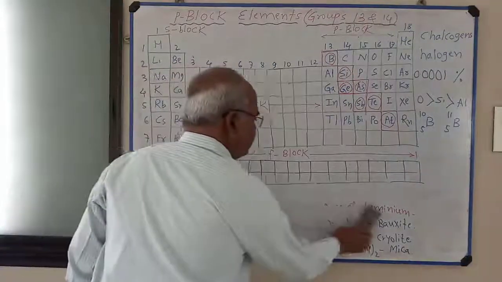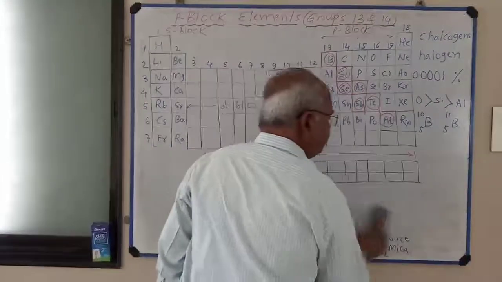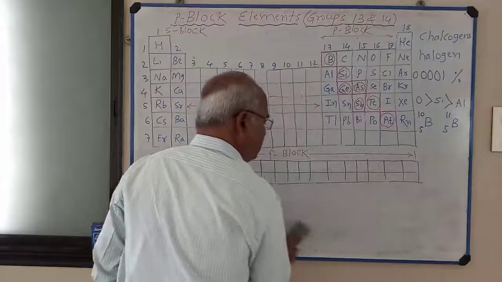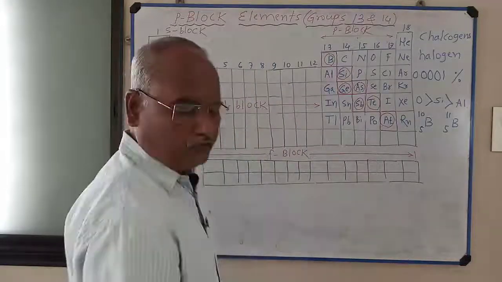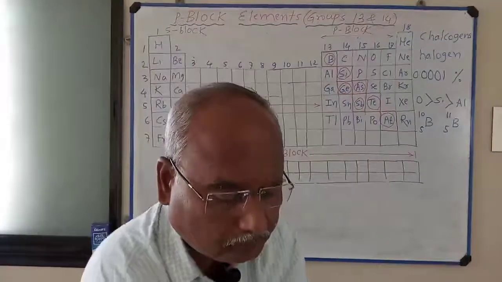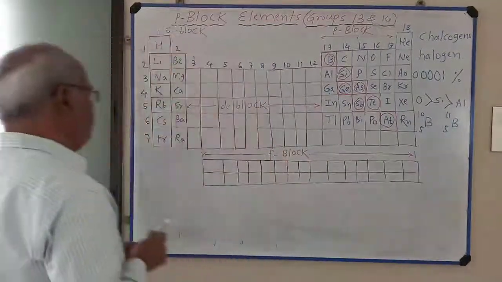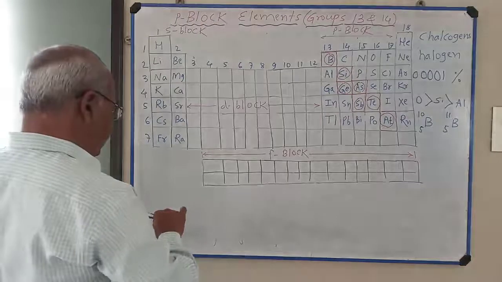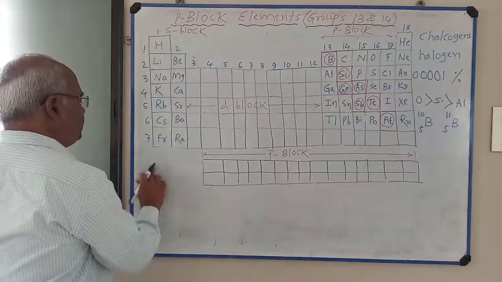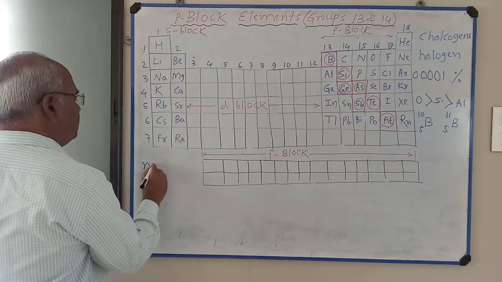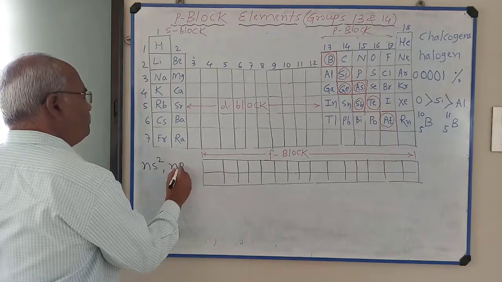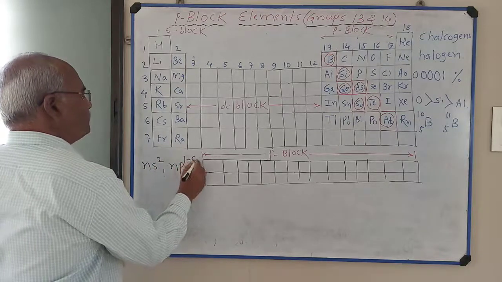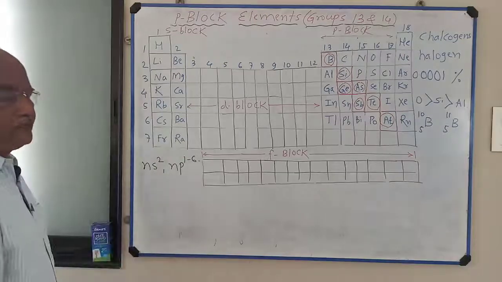I shall explain general electronic configuration of these p block elements. So try to understand. P block elements have general electronic configuration ns2 np1 to 6.